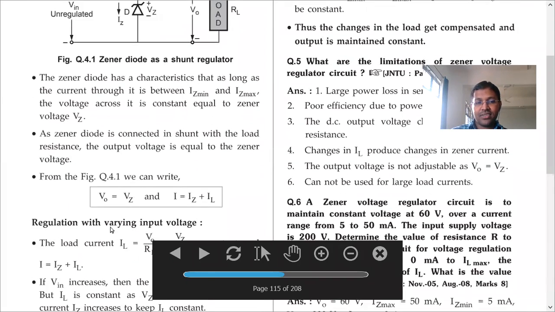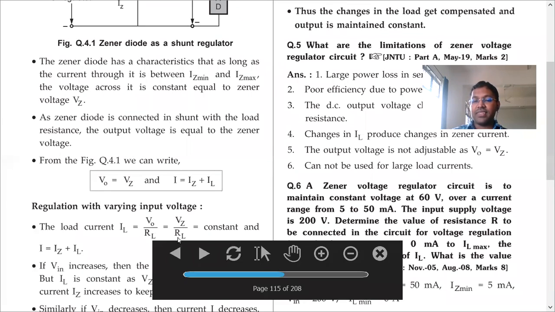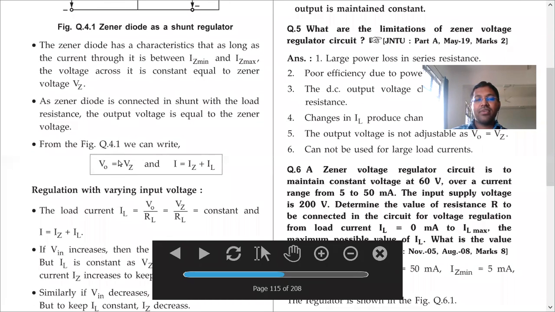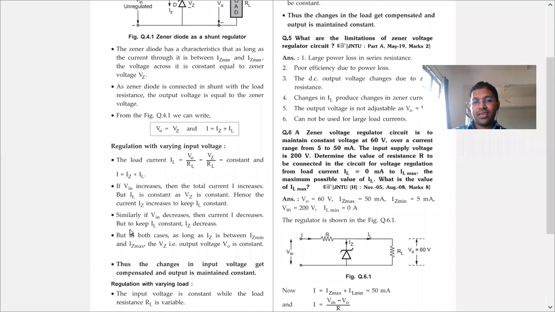V naught is equal to Vz, just now we have seen. So putting Vz in place of V naught, IL you can say as Vz by RL.